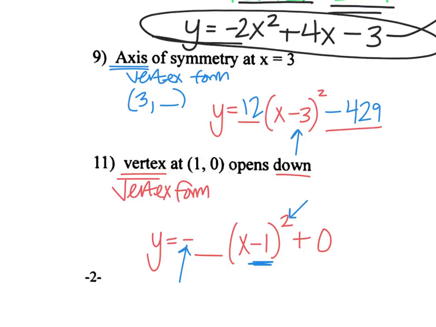You obviously have to have the squared. You don't necessarily have to write plus 0, but you cannot write any other number out there. And then you could put any number that you wanted in this front spot. So you could have negative, I don't know, 7.24 right there, and that would work just fine, as long as whatever number you put there is negative so that it opens down.